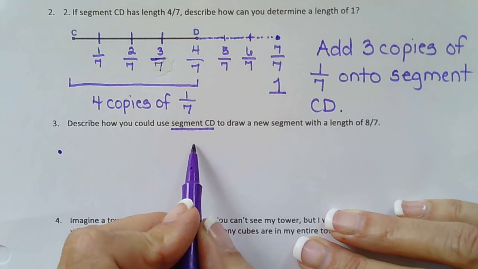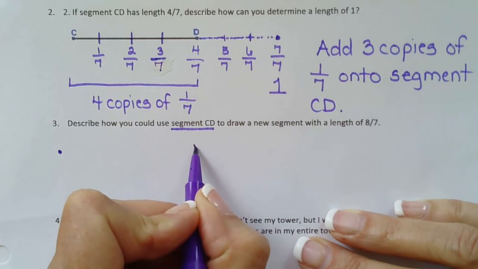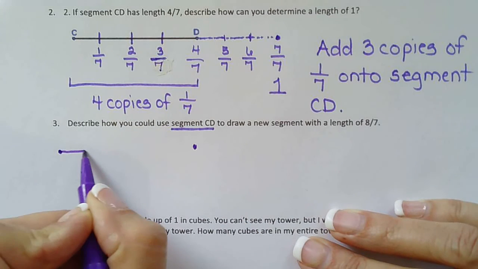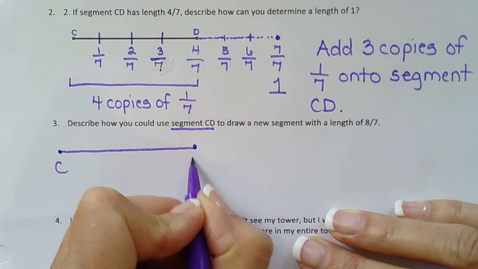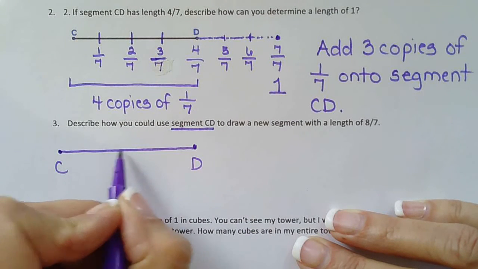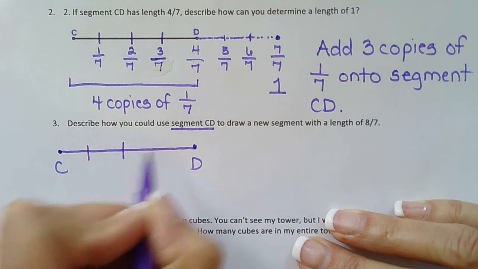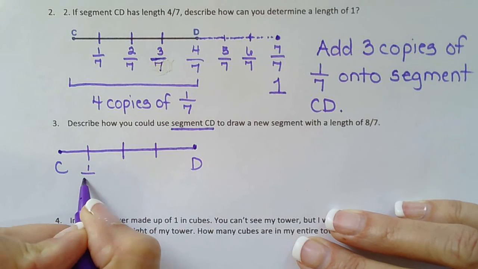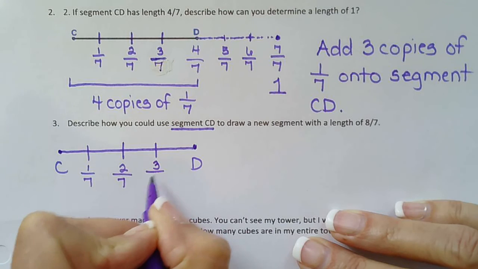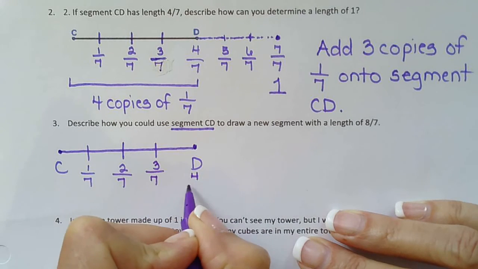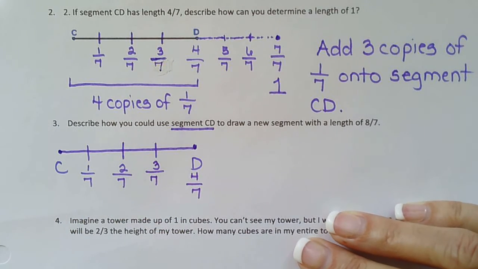So just follow down. Here's CD, and we have cut it in half, cut it in half. So we have 1/7, 2 sevenths, 3 sevenths. Here's our 4 sevenths. Now we want to make 8 sevenths.